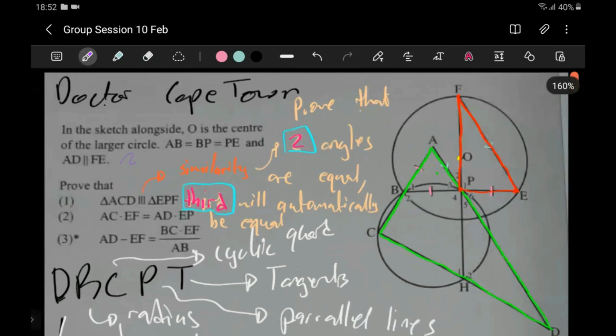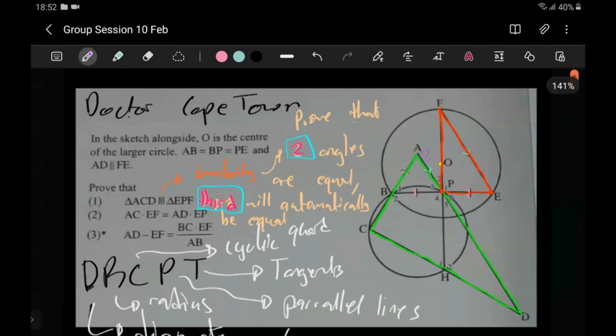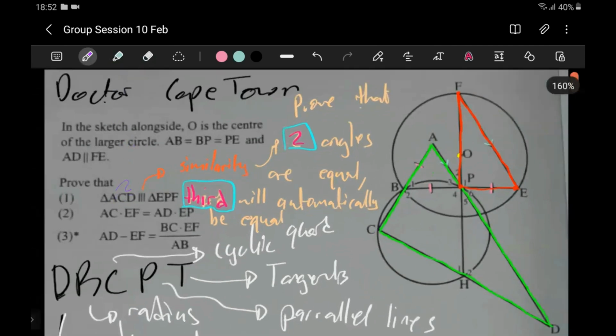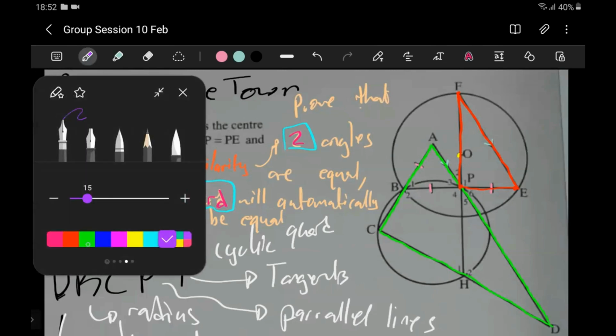Here, your question is literally telling you, in triangle ACD, which is ACD over there, they're already telling you that A for that green triangle is equal to E for the red triangle. Just the way this is written out, they're already telling you which angles are equal to each other. You should just prove it.